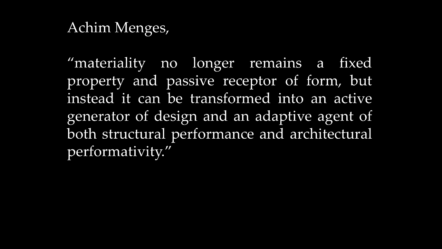And he's looking at not just the character, senses, aesthetic or tactile properties. He's looking at the materiality at the level of the DNA of that material. And this is basically his theory, that materiality no longer remains a fixed property and passive receptor of form, but instead it can be transformed into an active generator of design and an adaptive agent of both structural performance and architectural performativity.